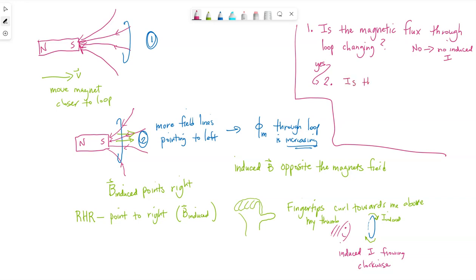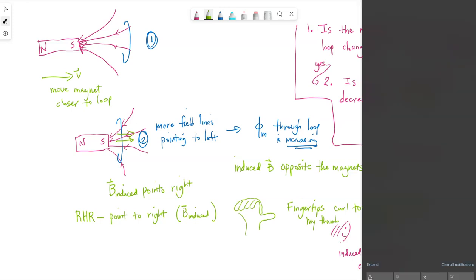Is the flux increasing or decreasing? The two examples we've looked at so far have both been situations where the flux was increasing.